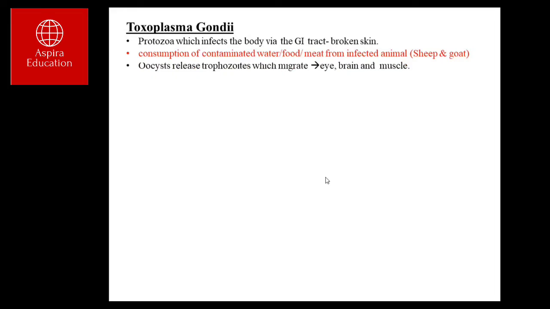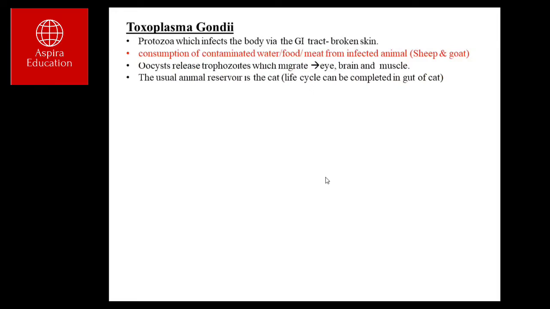Usually, the infective forms are the trophozoites, which once they enter the body, go to different parts of the body, such as eye, brain, and muscle. They have predilection for the brain and for the eye. That's why you see cerebral calcification or space-occupying lesion or chorioretinitis as one of the manifestations of toxoplasmosis.